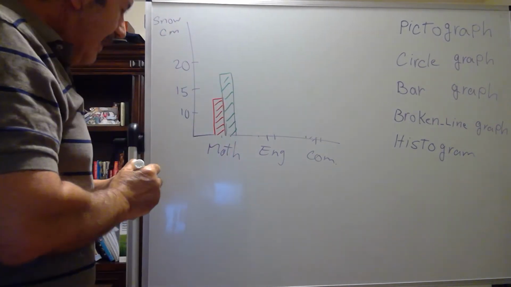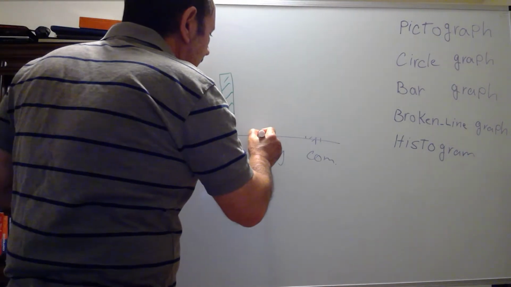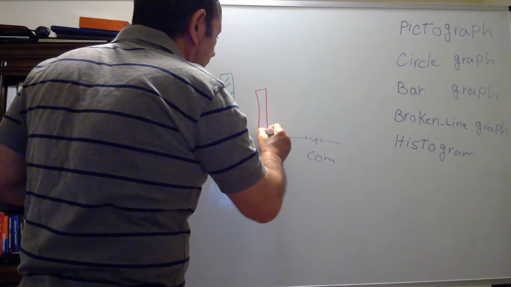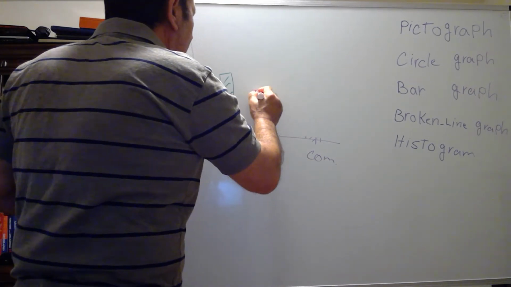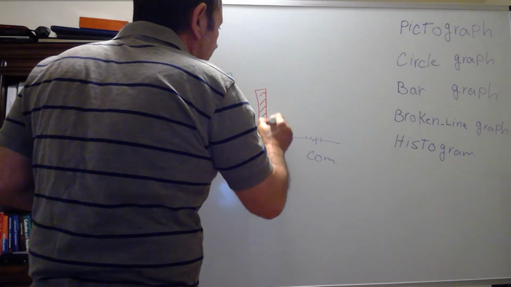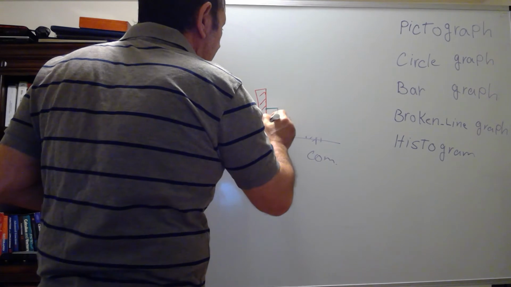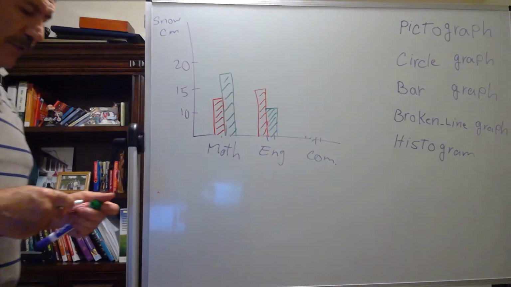Okay, for English again I have this red column and this green column. And let's say for computer as well.